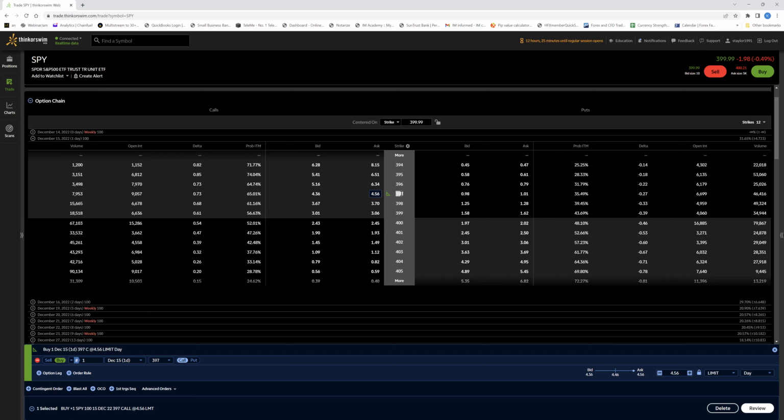So if you're at work and we call out the numbers in the group, which we do every day, then you can set a limit order. And once it gets to that price, it'll automatically put you in the trade. A market order puts you in right away. A limit order puts you in based on the limit that you set.